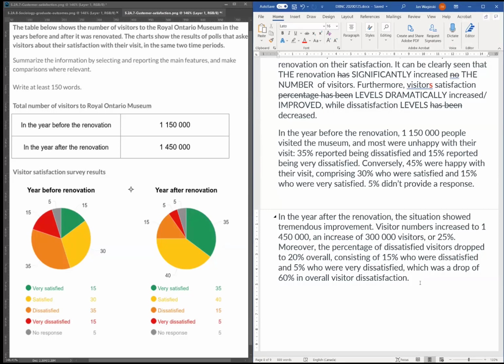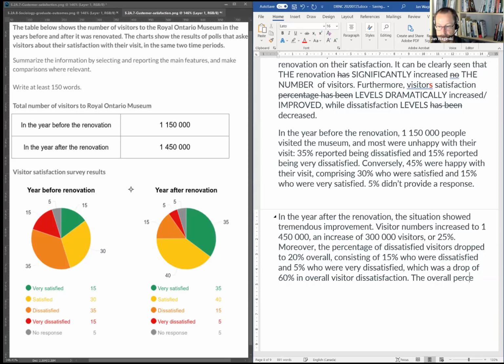Overall, more than 75% visitors were satisfied. Sorry, one more time. It's a little bit unclear. The overall 75% of the visitors were satisfied. Okay, I'll put it like this.